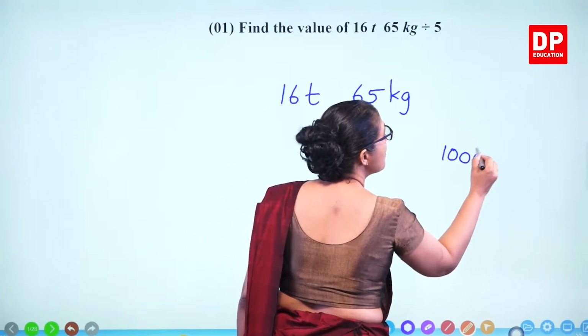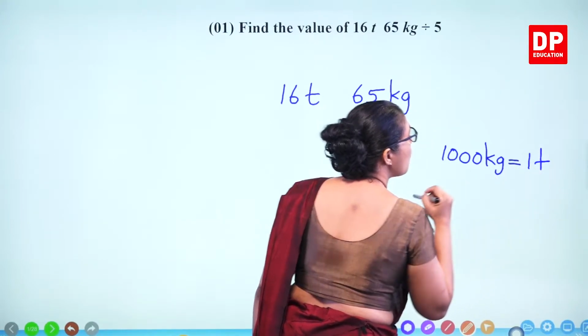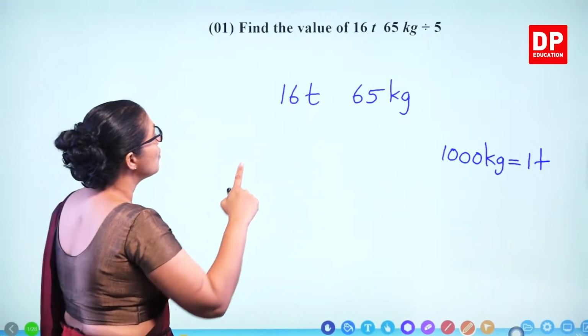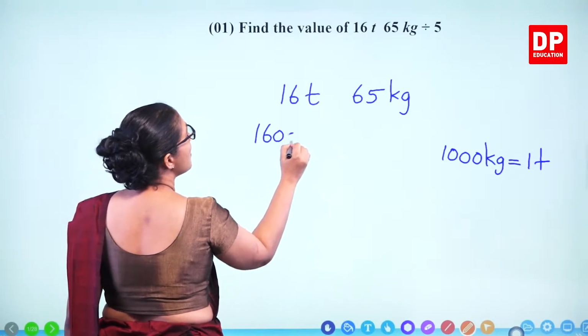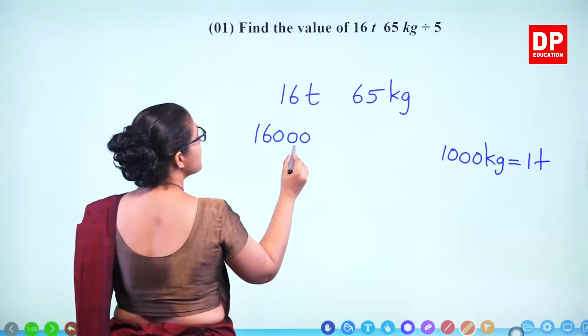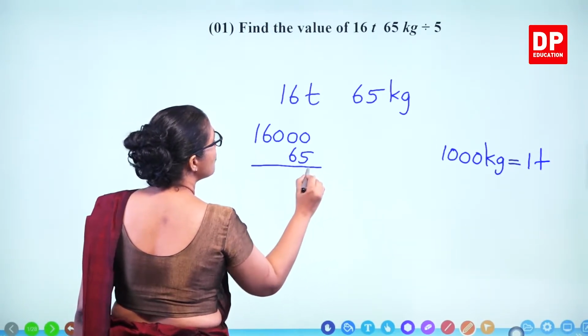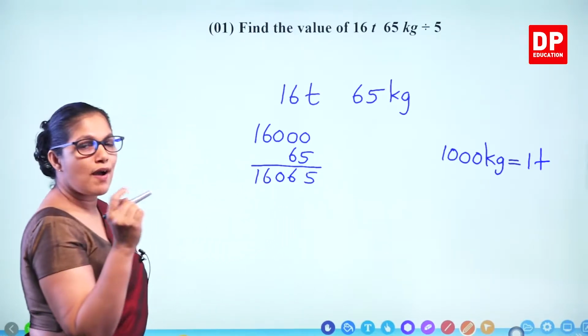What's the conversion? 1000 kilograms is 1 ton. So 16 into 1000 is 16,000, plus 65. Altogether you get 16,065 kilograms.